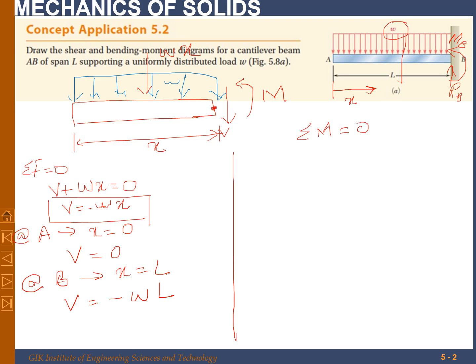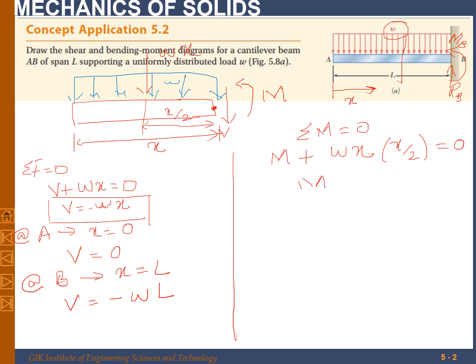The expression will be M plus Wx, because it is the same direction, where Wx is the force and, since it is a uniformly distributed load, the distance will be x by 2, equal to 0.